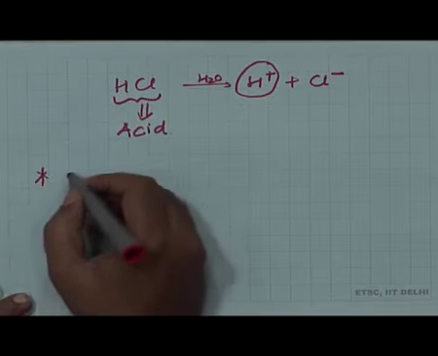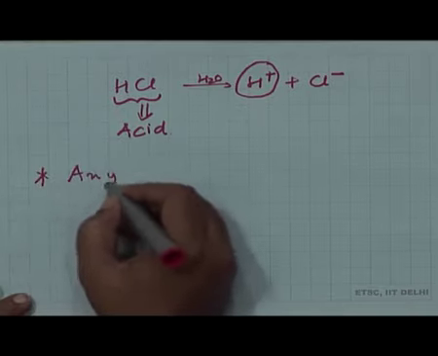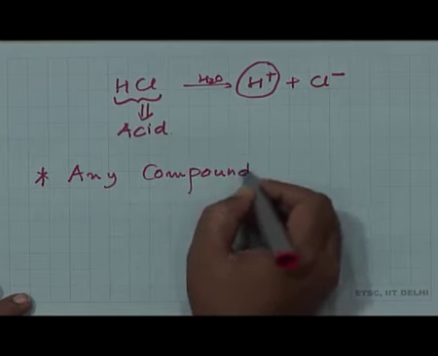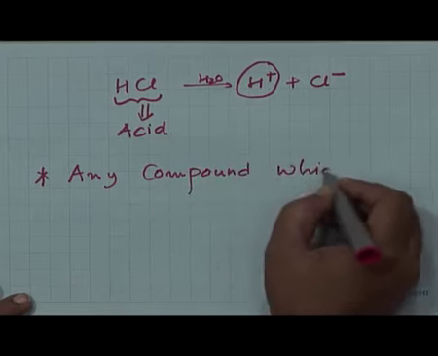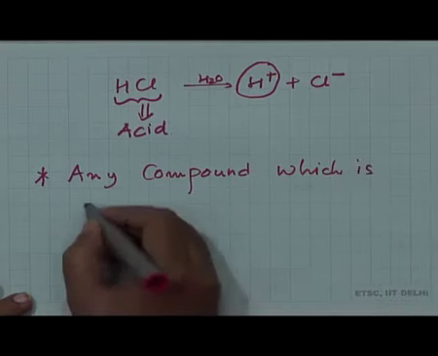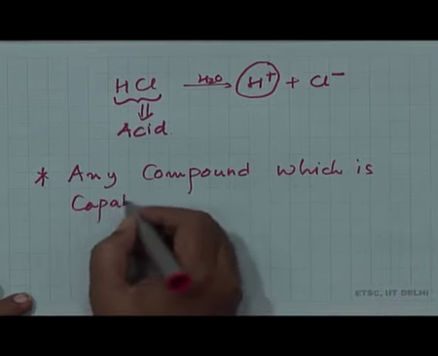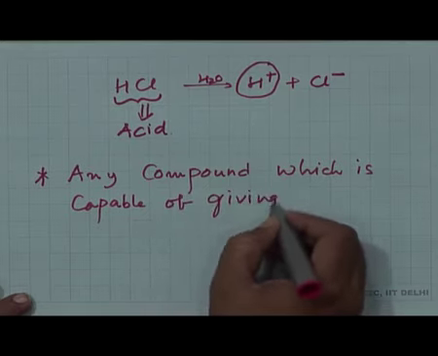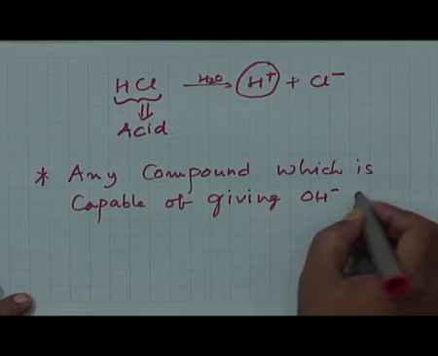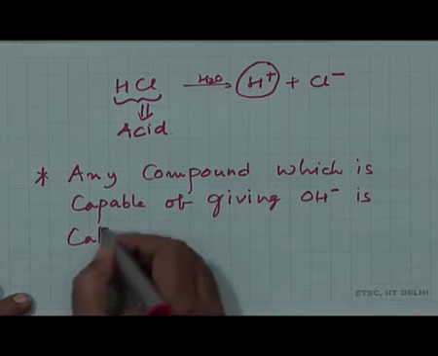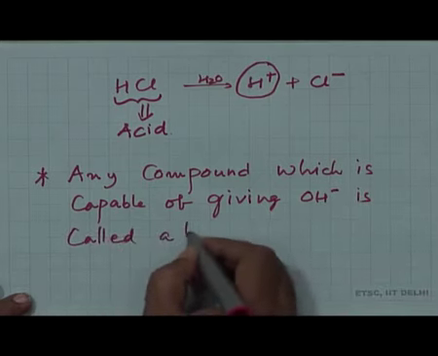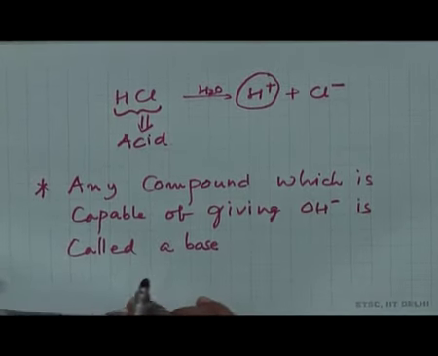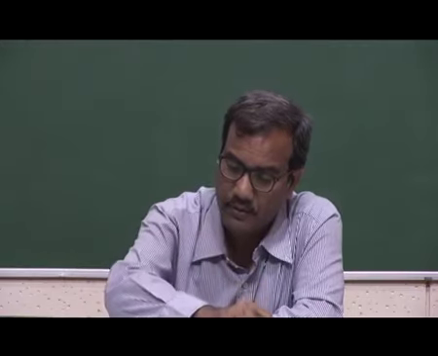Whereas, any compound which is capable of giving OH minus is called a base. This is Arrhenius definition for an acid and a base.